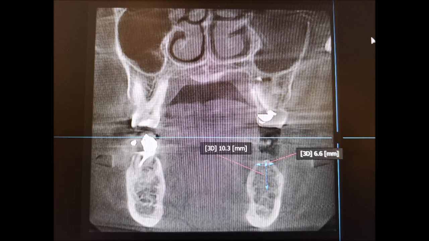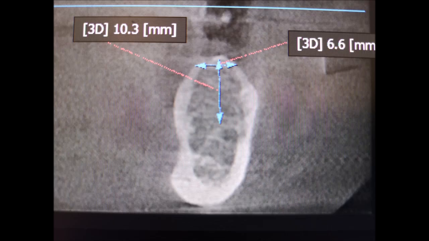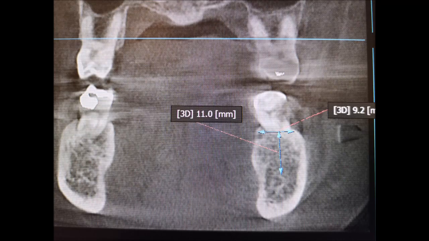Today I'm going to share with you one of my cases. We have a missing first mandibular molar, and we are going to extract the second mandibular molar and replace it with an immediate implant.